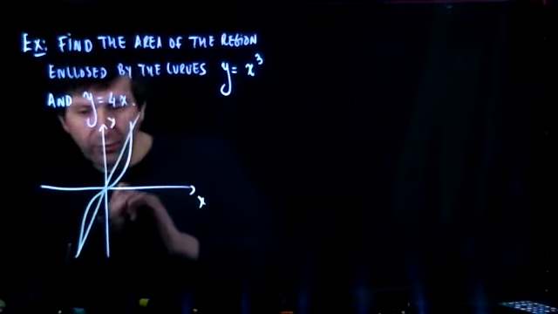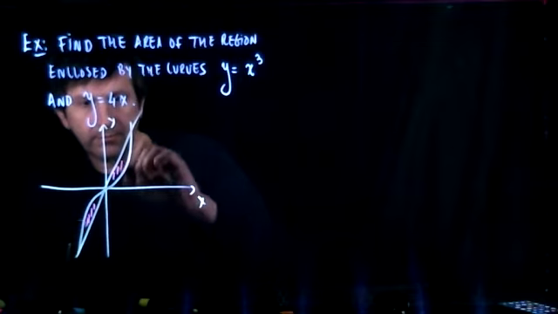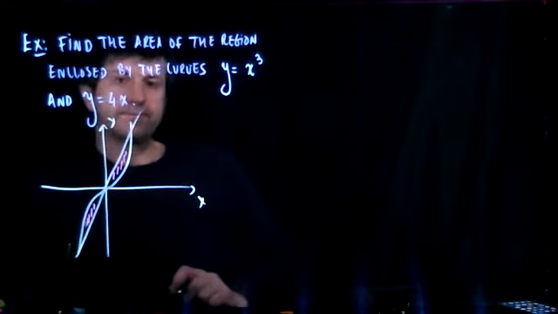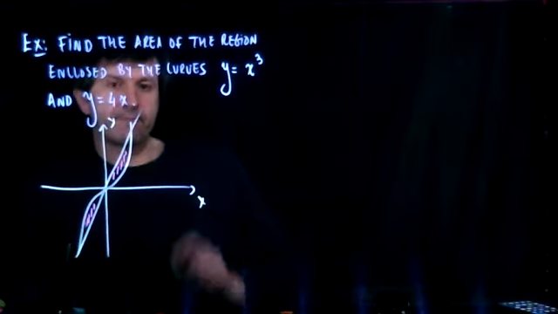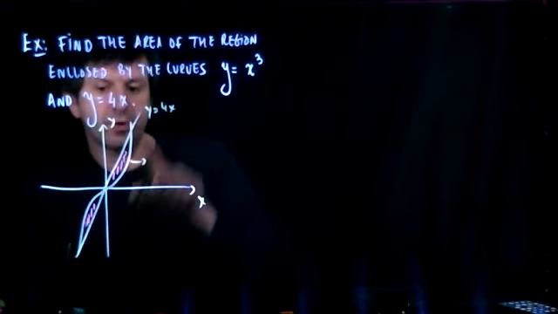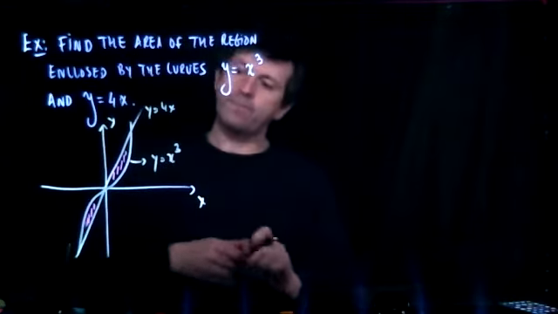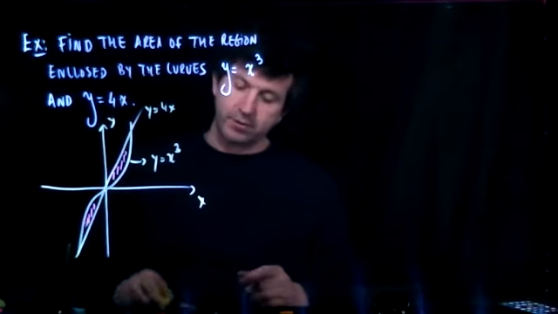I'm looking for the area of these two regions. This is y equals 4x, and the curvy one is y equals x cubed. Any questions?